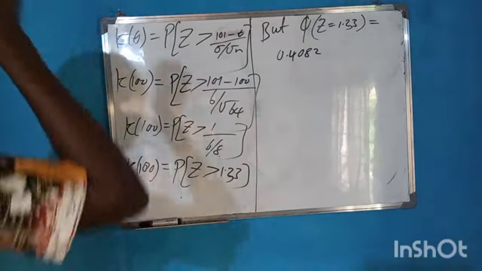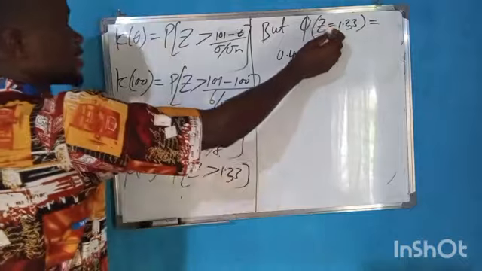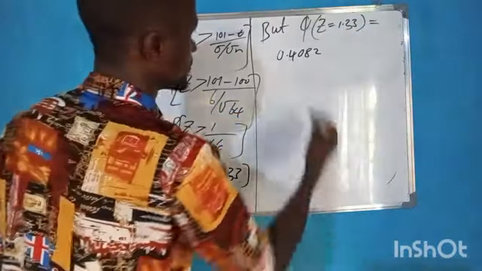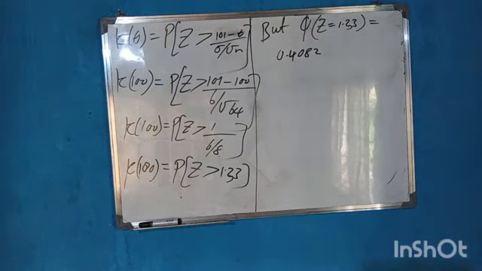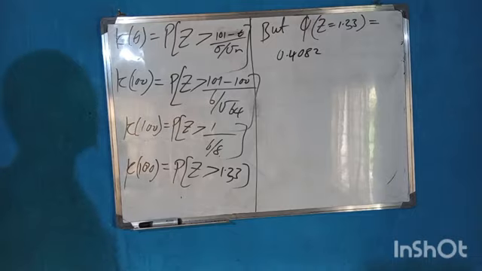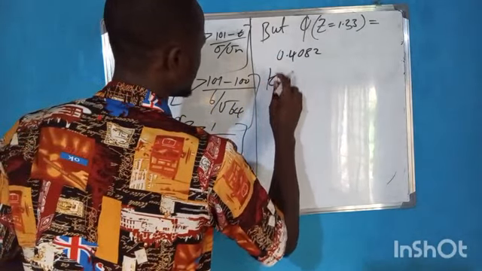From the normal distribution table, the area under the normal curve for Z equal to 1.33 is equal to 0.4082. So our K of 100 will now be 0.5 minus 0.4082.